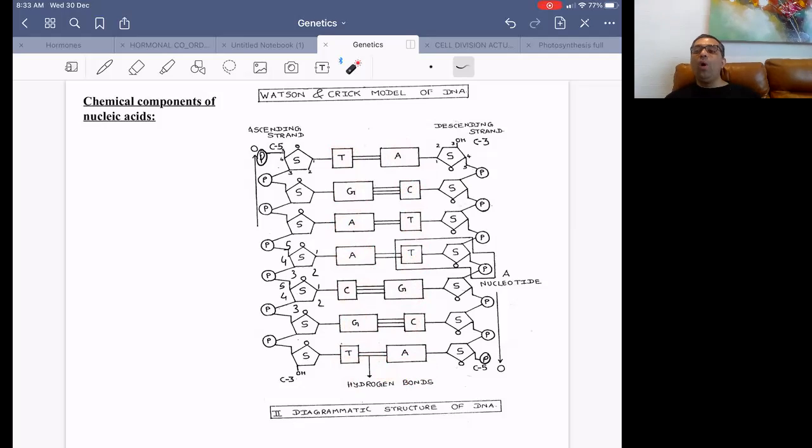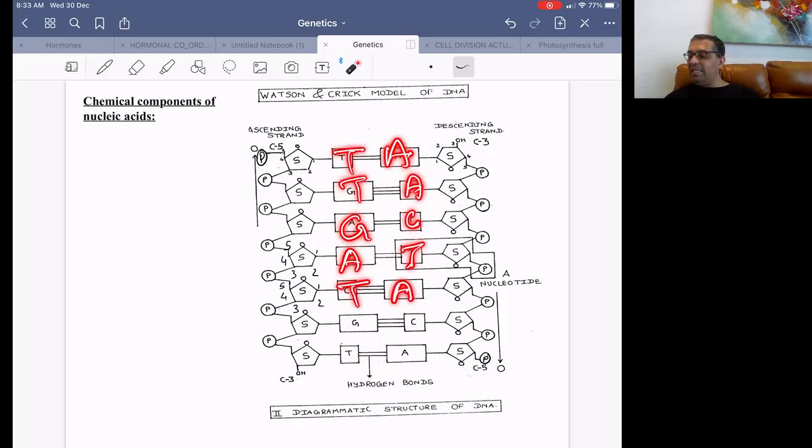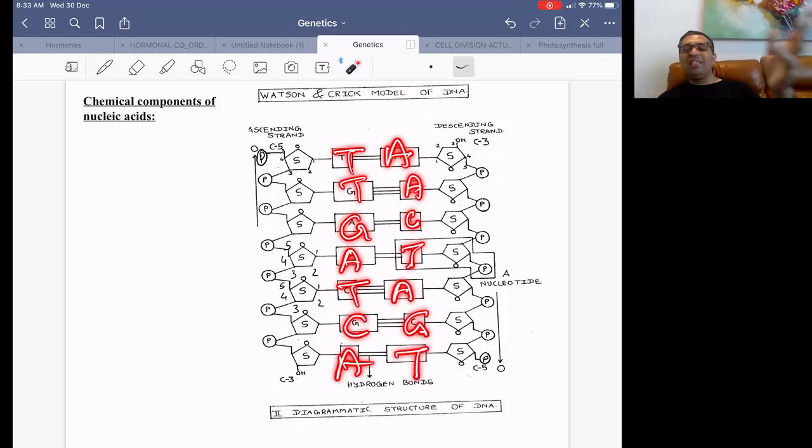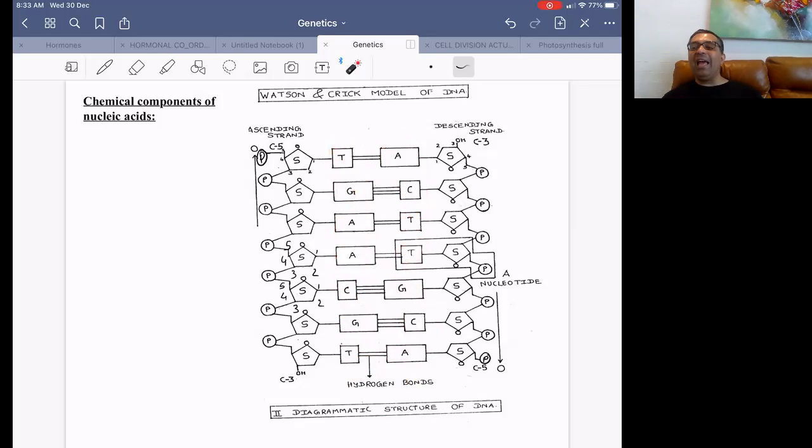Some other sequence, say in the muscles, the sequence is TA and again TA and again GC and again AT. चलो वो सेम रखते हैं, and then TA and then CG and then AT. So this sequence has also become different, and this sequence forms actin and myosin.